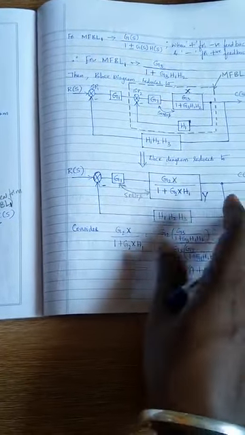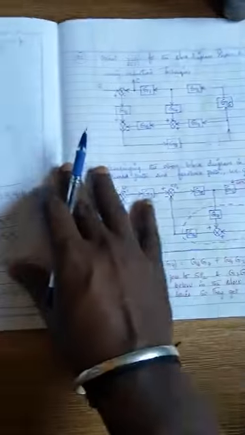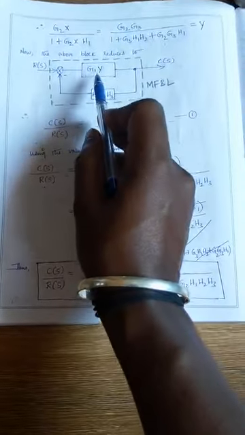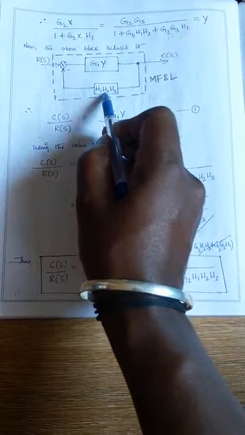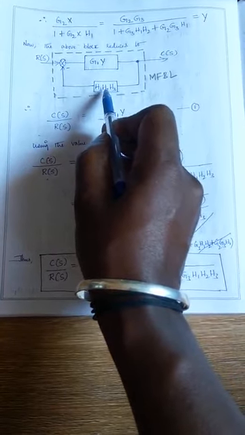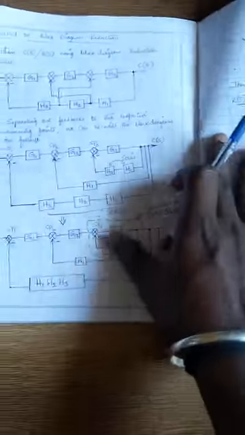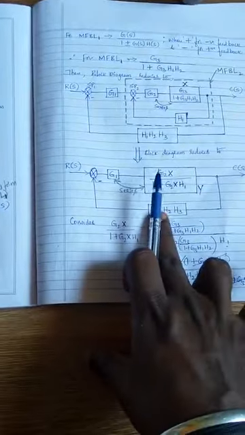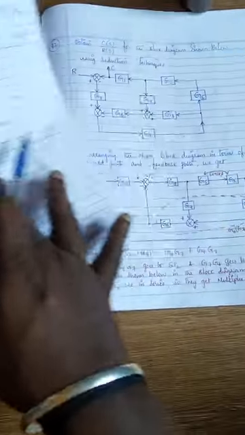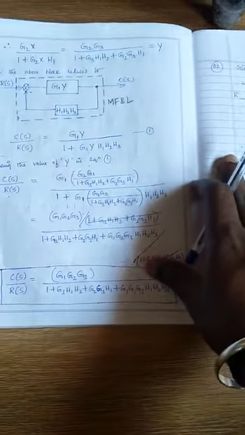The blocks are in series, so multiply the blocks, G1 into Y, and you have one feedback block H1, H2, H3.